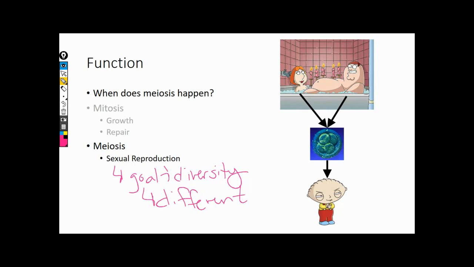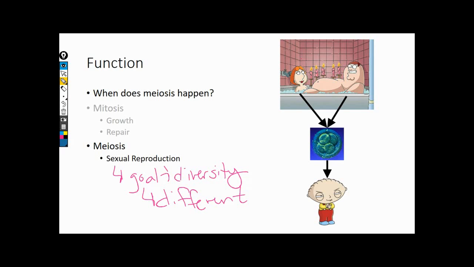We also have another problem, remember. If we think about mom, is mom diploid or haploid? Are you diploid or haploid right now? Diploid, right?